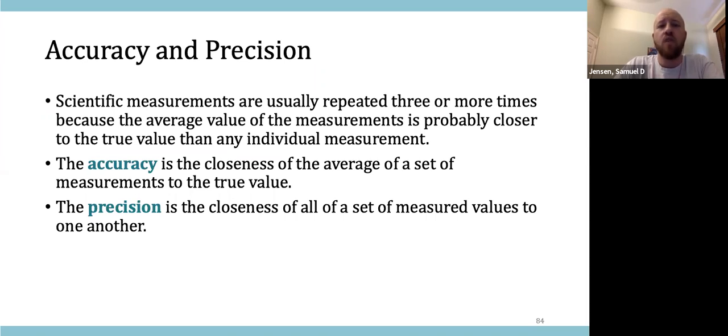So if I'm measuring density, like we'll talk about in our physical properties lab, if you are telling me that the density of water in 5 samples is 21 grams per milliliter, well, that's not accurate because the actual density of water is 1 gram per milliliter. Okay.